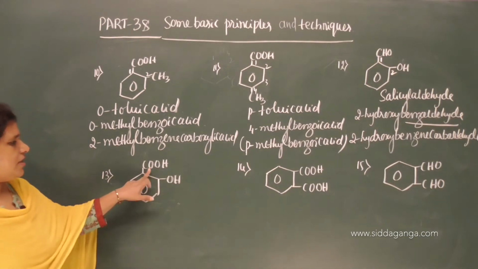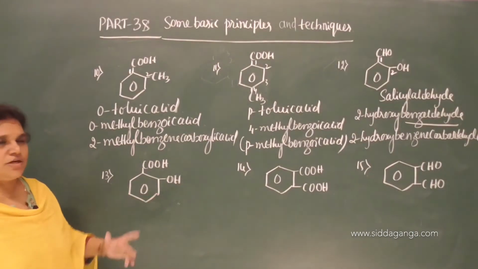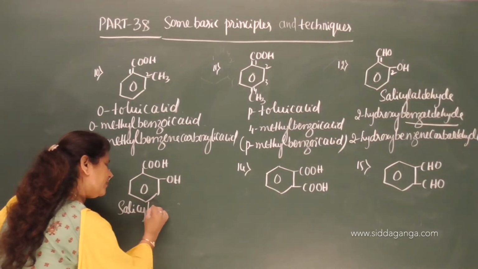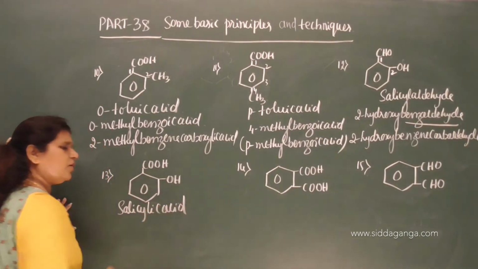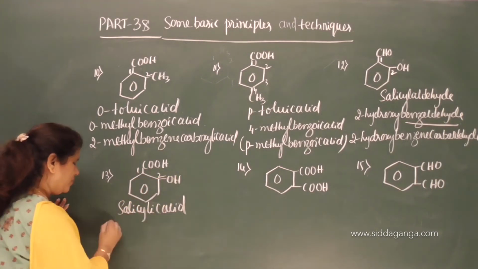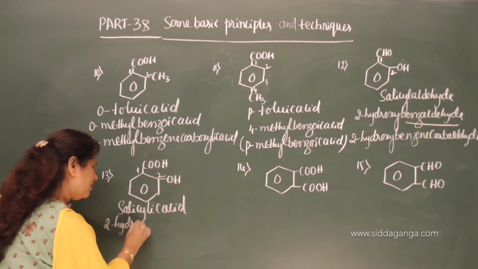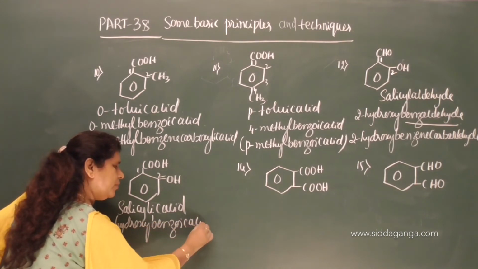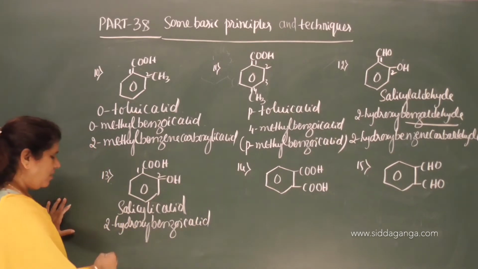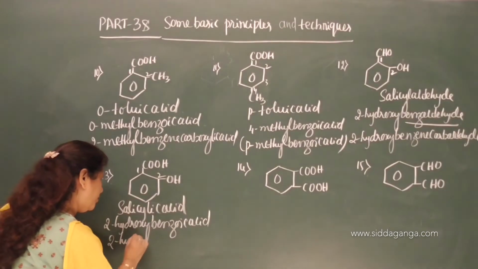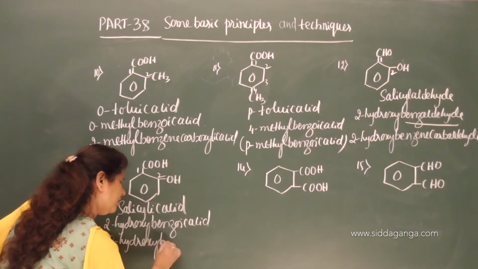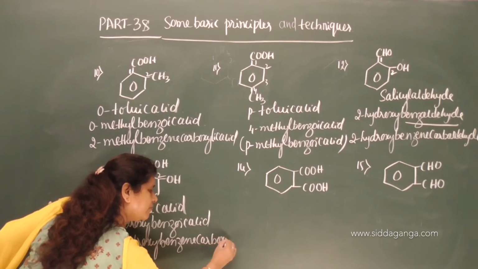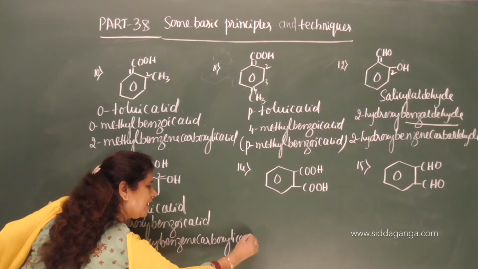Okay. Now COOH and OH. Instead of CHO, a COOH group is there. Therefore it is salicylic acid. Salicylic acid is the common name, and it is 1, 2. So 2-hydroxy benzoic acid, or you can name it as 2-hydroxy benzene carboxylic acid.